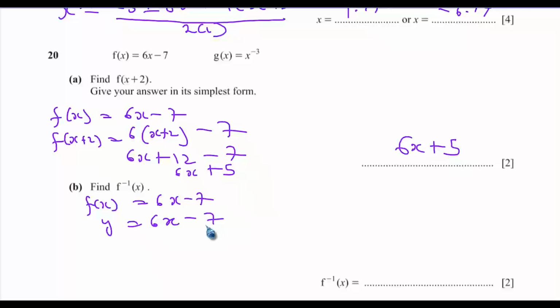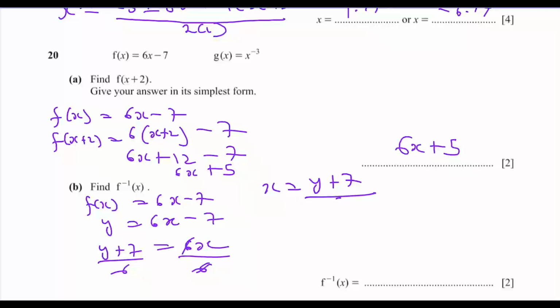That means negative 7 comes to the left hand side and becomes positive 7. So we have y add 7 equals 6x. So next we divide both sides by 6. So we have x equals y add 7, everything out of 6.